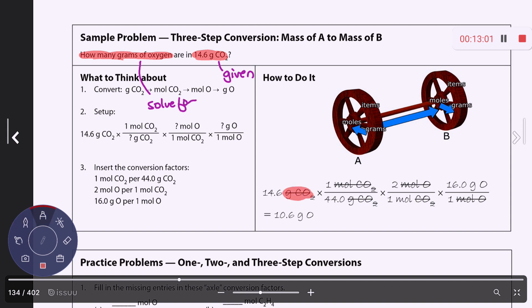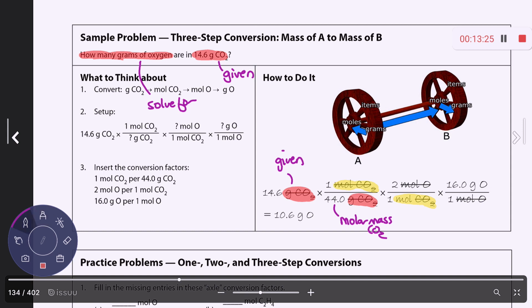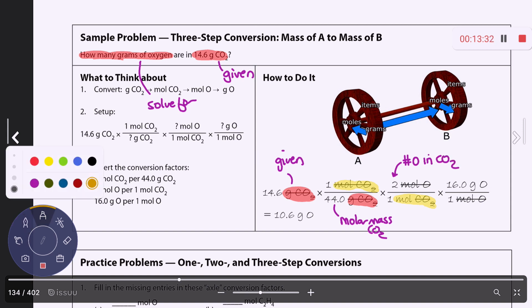Grams of CO2 is here to begin with because this is what we are given. You put grams of CO2 on the diagonal because we're trying to cancel it. This is the molar mass of CO2 with the number 1 on the other side. Moles of CO2 has to follow you onto the diagonal because you're trying to cancel it. And then this number, 2 moles of oxygen, is the number of oxygen in CO2. So you're doing your mole ratio within the formula here.